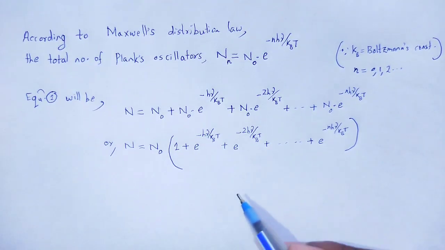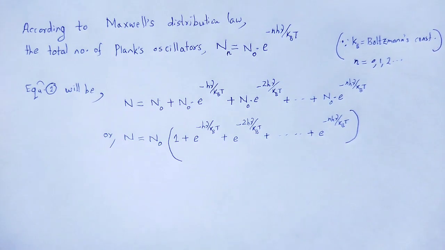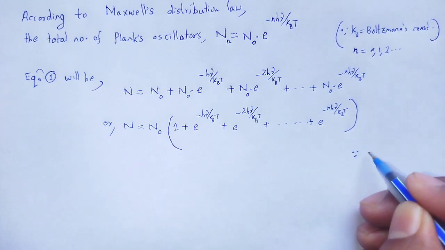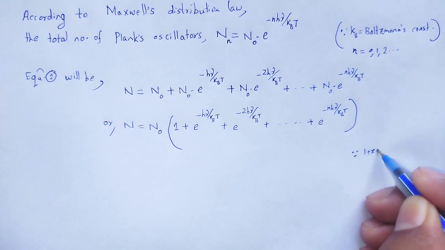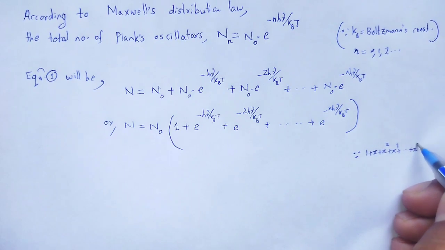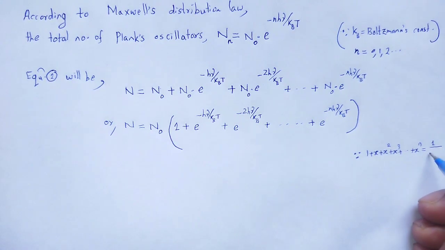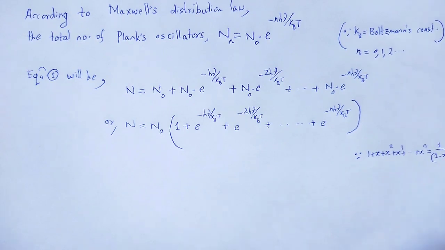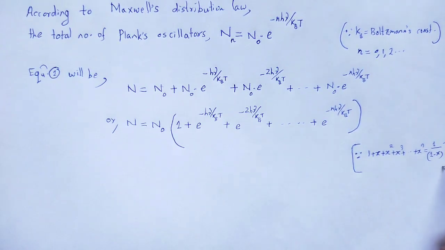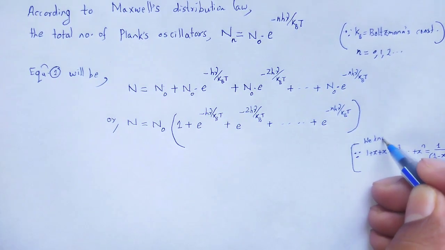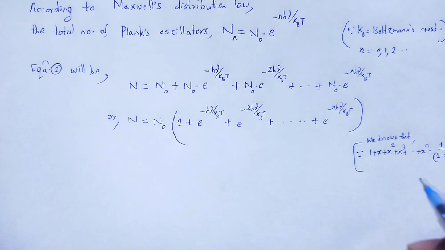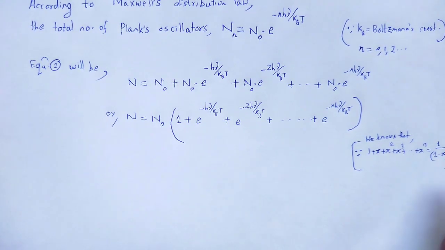As we know, the expression for 1 plus x plus x square plus x cube up to x to the power n is equal to 1 divided by 1 minus x, that is the series expansion of 1 divided by 1 minus x.